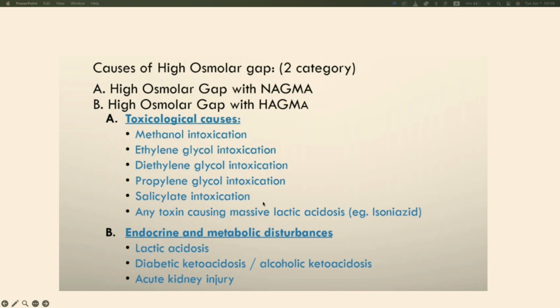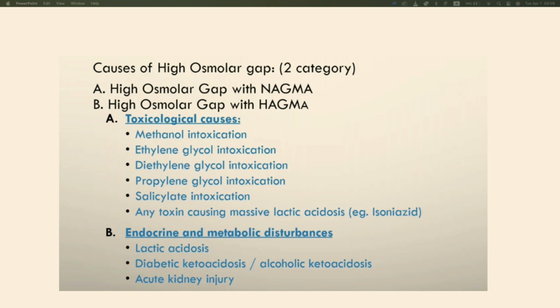Now, we need to understand something called the osmolar gap. The osmolar gap is very simple as well. It's basically you take serum osmolarity. The serum osmolarity is 2 times the sodium plus your urea plus your glucose. For those who are not using SI units, you need to divide urea, if it's in milligrams per deciliter, by 2.8.